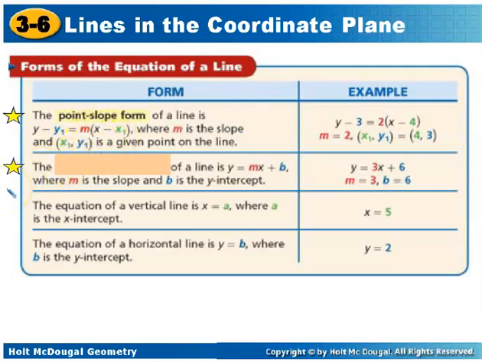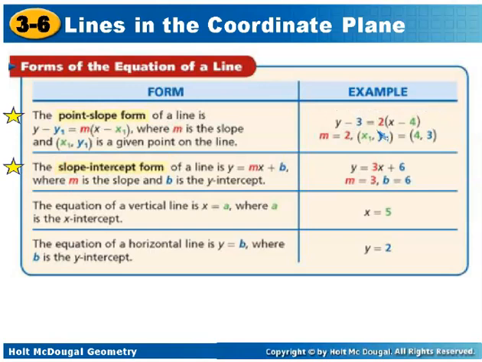So the things you would be given to write an equation of a line in this form is you would know the slope right here, and you'd know the location of at least one point, x1 and y1. And you would substitute those values in to give yourself the equation of a line, which would look like that. Okay, that defines the line. I can pick any point on that line and it'll make this equation true.